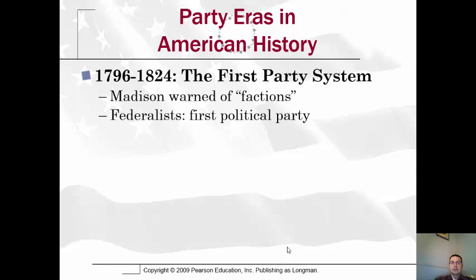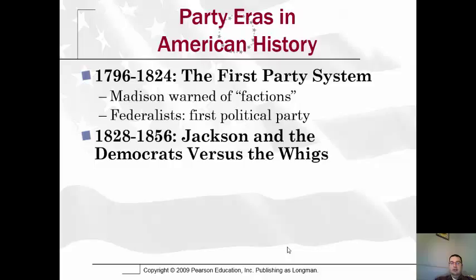So here's just a history of the party system real quickly. The first party system, the Federalists and the Anti-Federalists. Madison had warned against factions, which we learned about in our initial opening kind of unit. And so the Federalists believed in a strong central government.